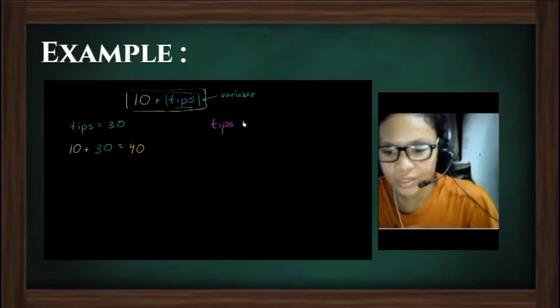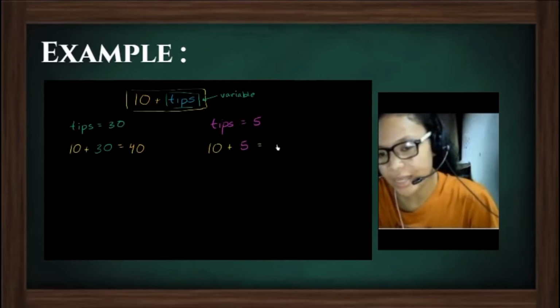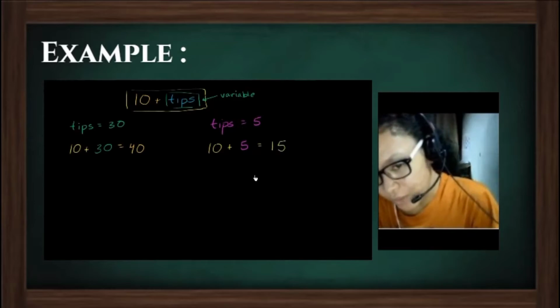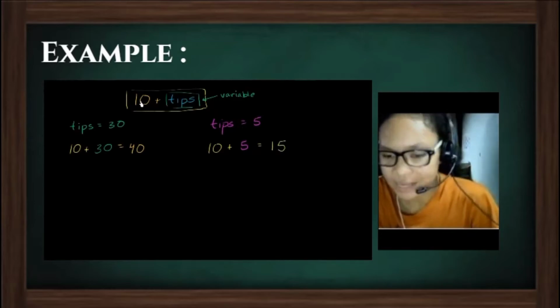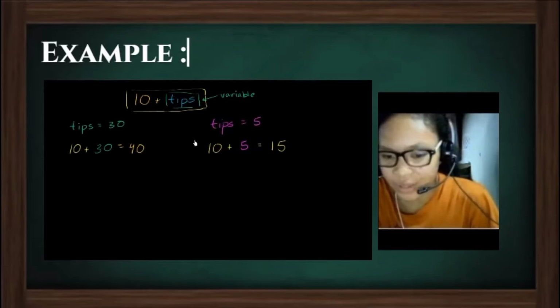The tips go down to $5 for that hour. So using the expression again, we have 10 plus tips, which is now $5, and that is equivalent to $15 now. So this entire expression changes depending on the value of the variable tips.